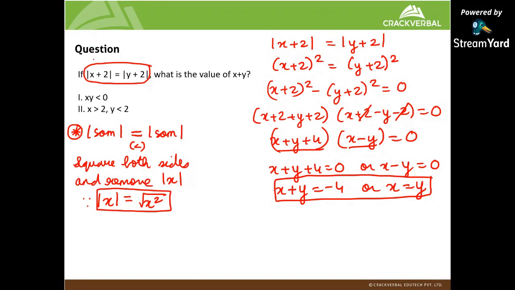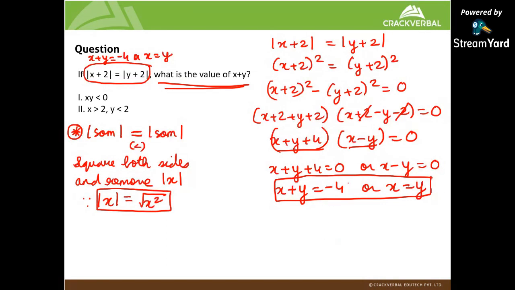So the question now is basically, if x plus y is minus 4 or x is equal to y, what is the value of x plus y? That's what the question is. They're giving me only two possibilities.